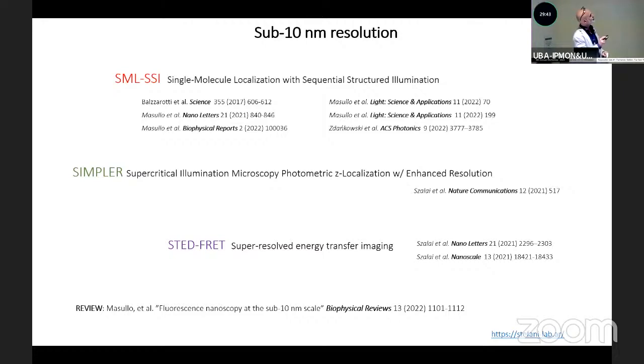And the other one is what we call single molecule localization with sequential structured illumination, which is a family of methods that can deliver the position of a molecule with very high precision using few photons. So we will quickly go over these 3 ideas. And after, if you have questions, we can go deeper into the technical details.